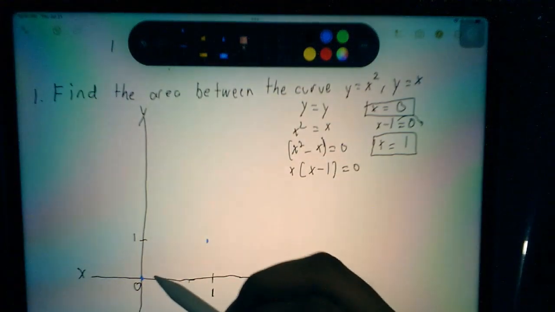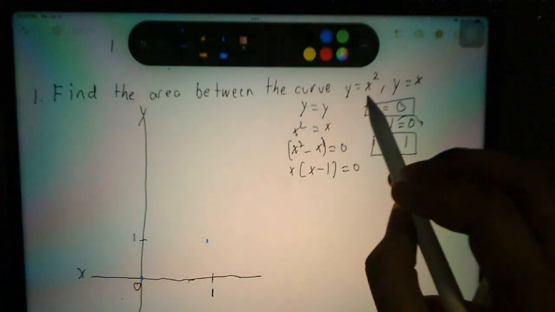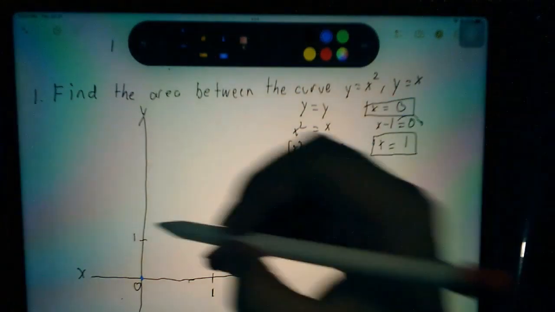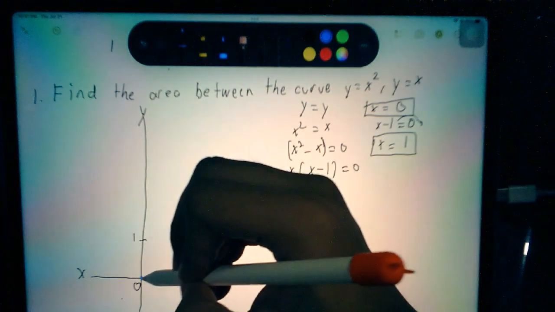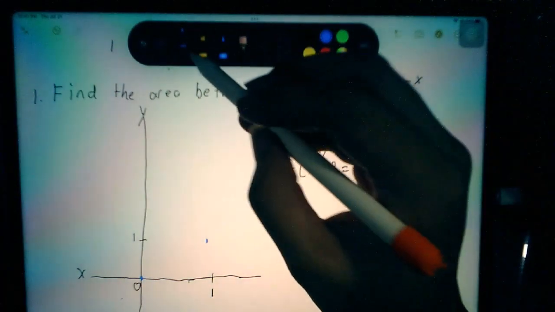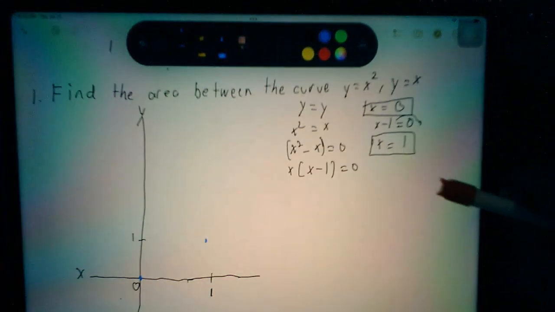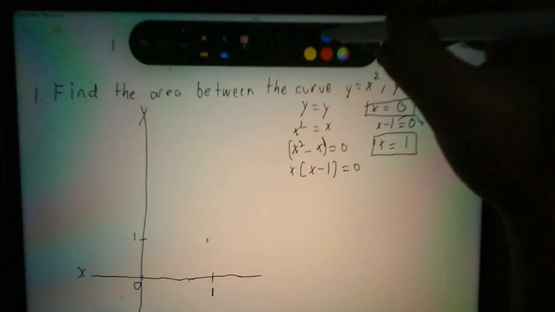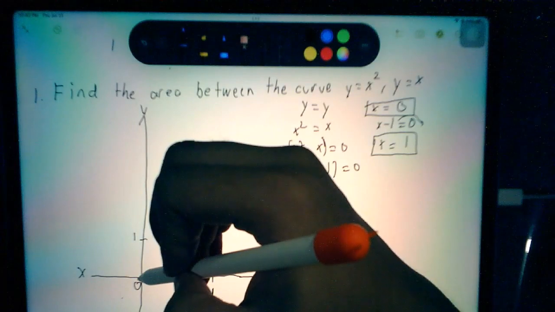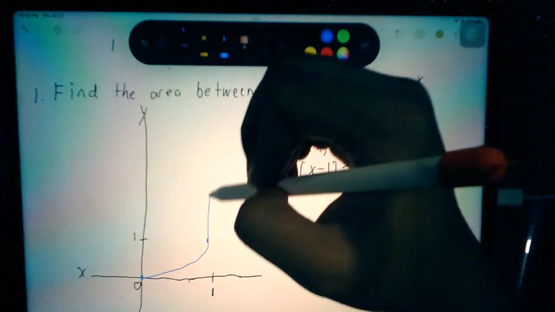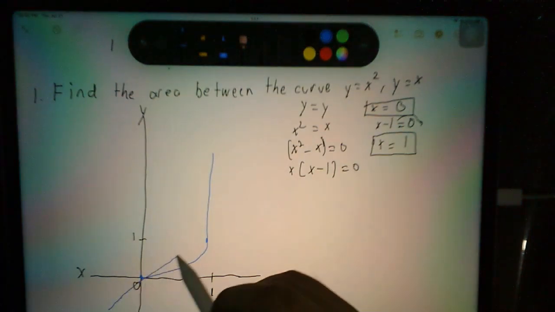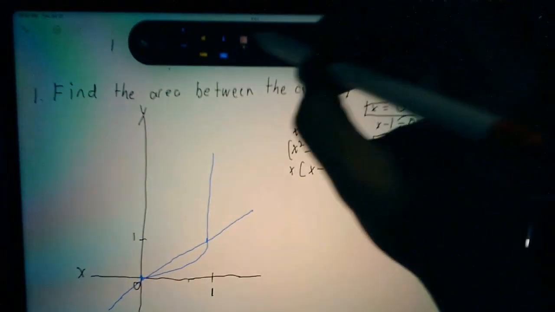Now this is our first line. y equals x squared is a parabola, so let's put our parabola from 0 to 1, then our line from 0 to 1. Oh, let me make it bigger.